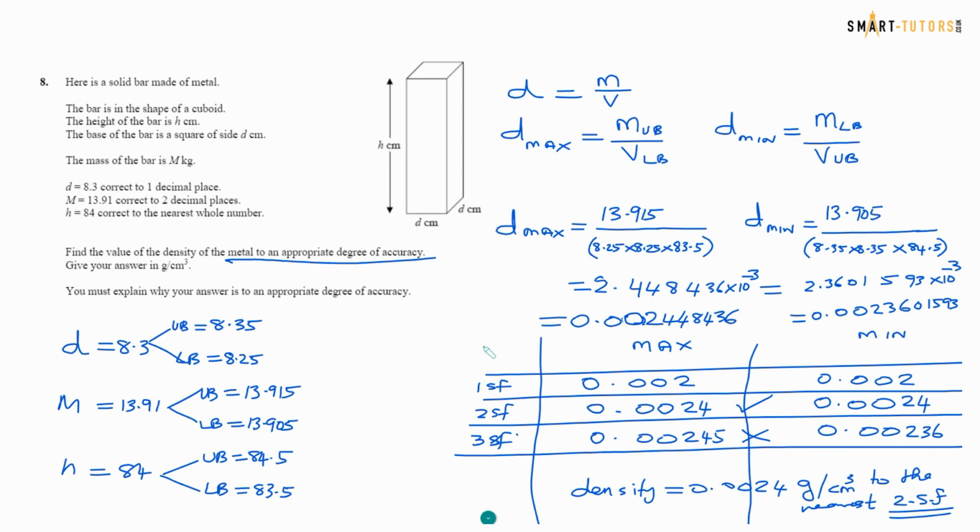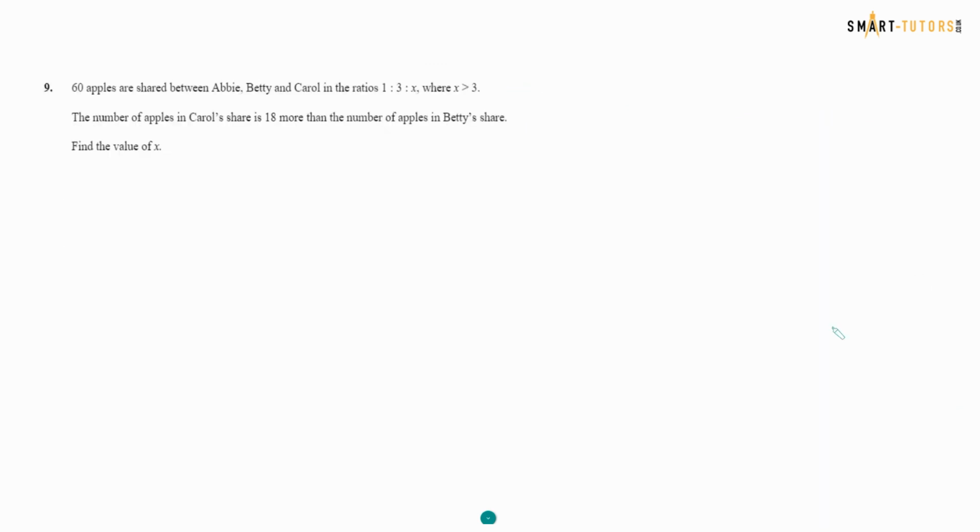Find the upper bound and lower bound for each variable, then put in the formula, find the maximum value, find the minimum value, then do the rounding. At one stage the answer will be different, so you take the last one where you got the same answer, which is 2 SF. That is the accuracy.